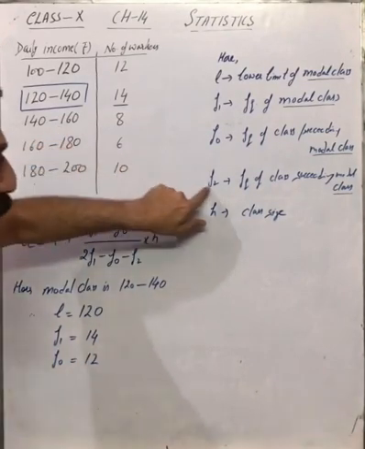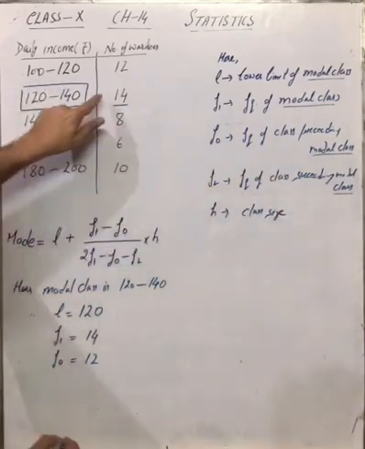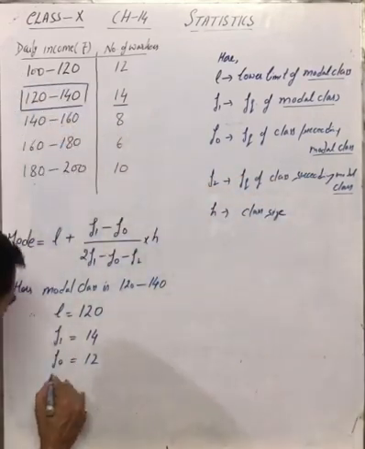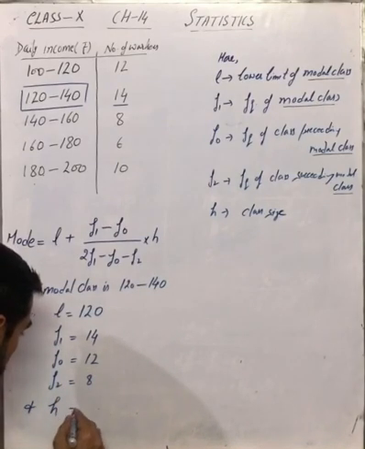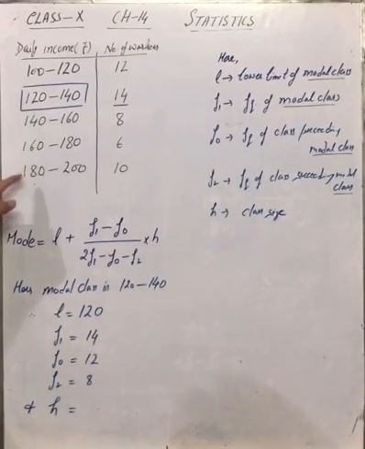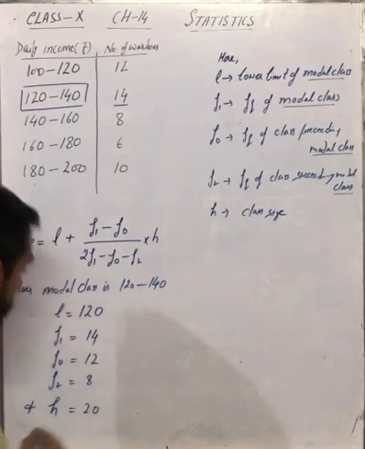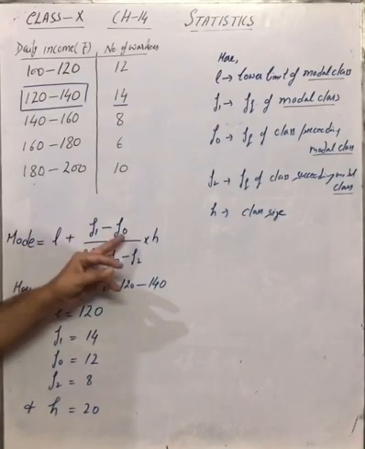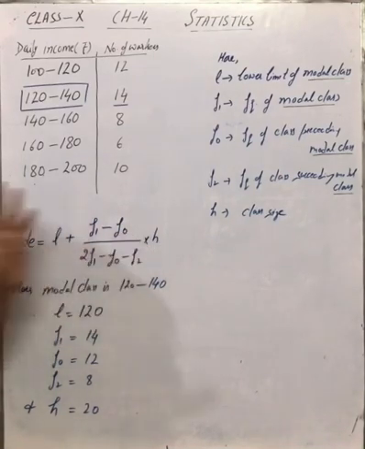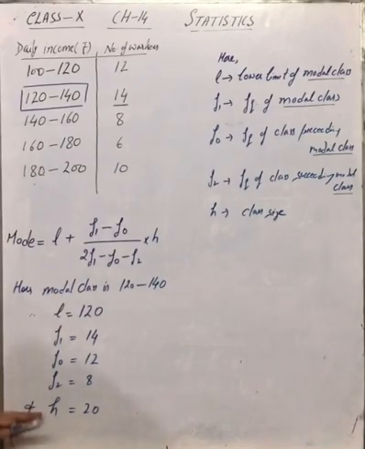And F2, frequency of class succeeding means इससे next one, 8. F2 is equal to 8. And then the last one, H, class size, which is 20. I hope the terms are clear to you. These all are the values which we are going to put in the formula.